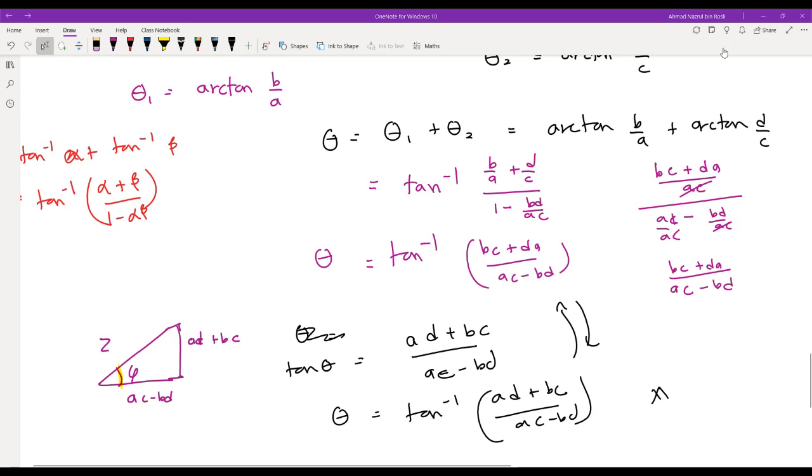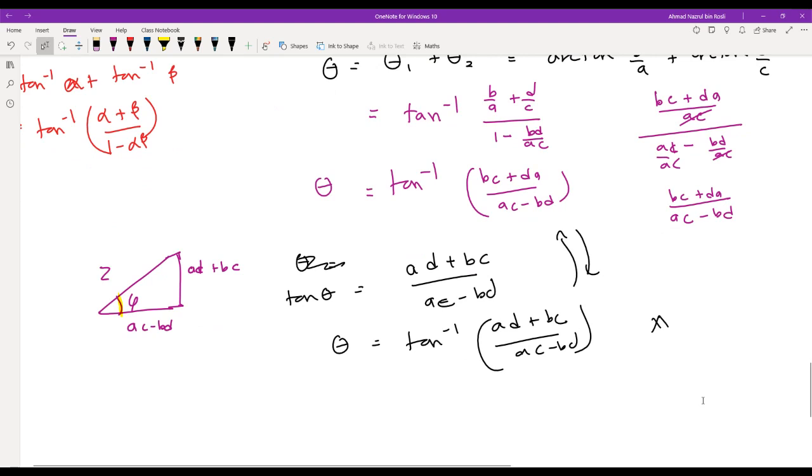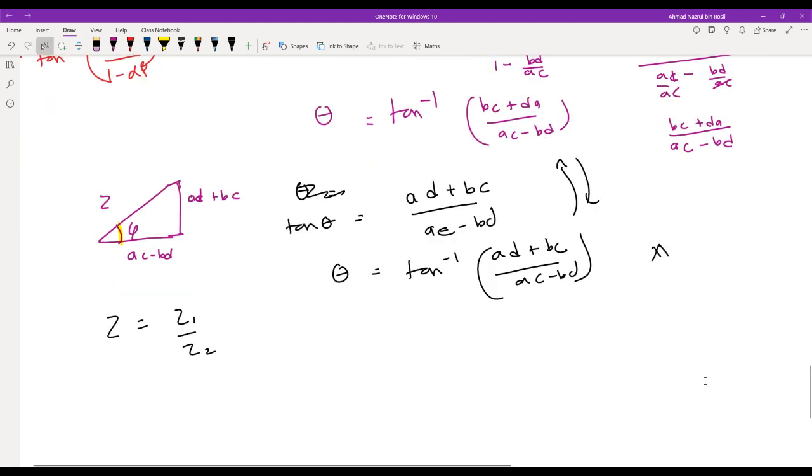And I hope from here you can continue with question number 2. It is a little bit similar, except that instead of Z1 times Z2 it becomes Z equal to Z1 over Z2. So it is a little bit different, but it is still a chance for you to answer this.